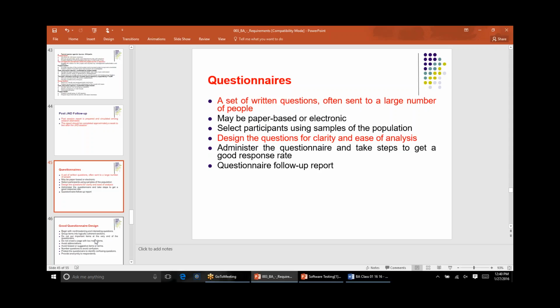Questions should be topic by topic. Questions should be clear. Questions should determine top to bottom requirements. Questions should make sure that they cover the entire scope of the area.